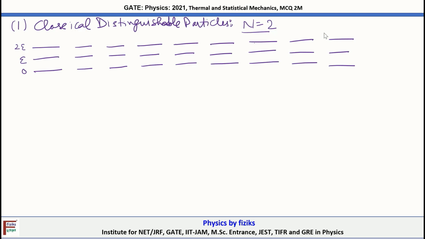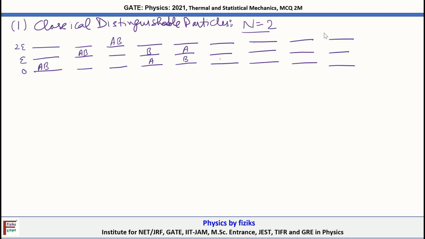If I label the particles as A and B, either both of them could be in the ground state, or in the first excited state, or in the second excited state. The next possibility is the first particle is here and the second particle here, and now we can interchange these two particles: B here, A here.